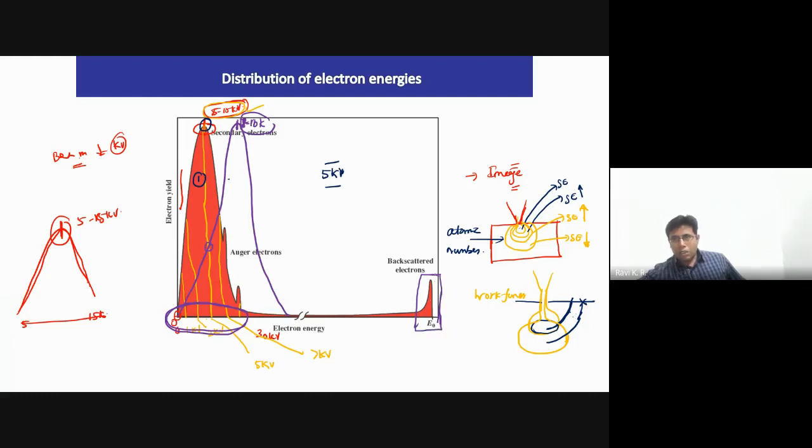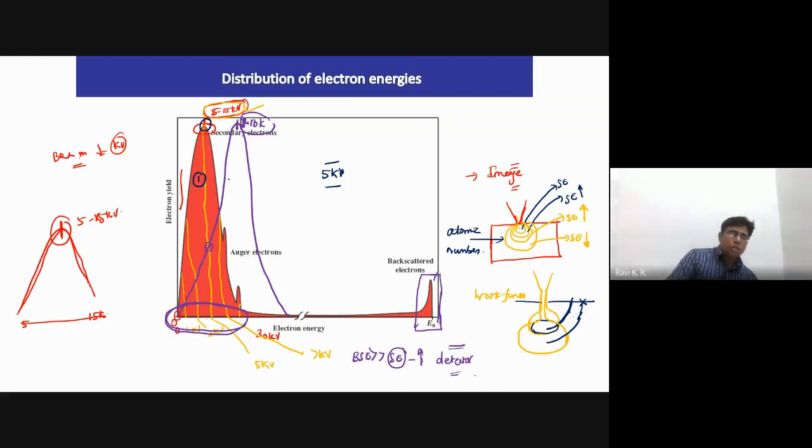Now you can see that compared to the backscatter electron, the secondary electron has a much lower value. This is one of the important things that in fact influences the detector design. We'll see that a little later. So this is a very important thing.